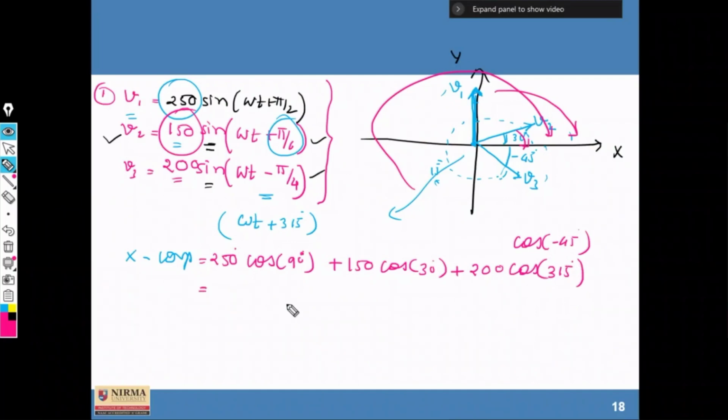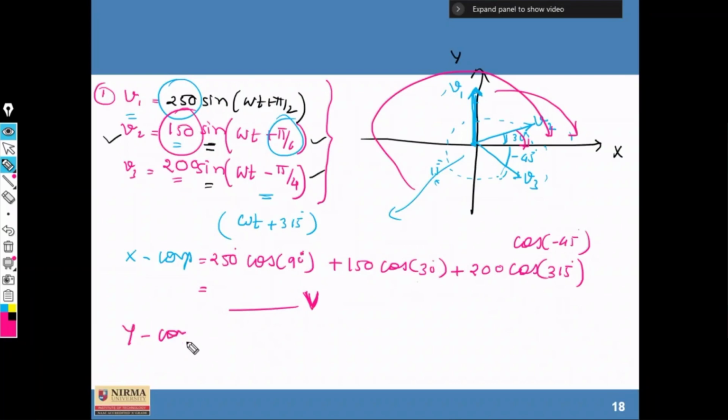And if you find the value here, that will be your vector V, which is represented with the voltage because it is a vector quantity. Find out and tell me what is the value of 250 into cos 90. First of all, find cos 90 multiplied by 250. Then add these three different terms and find the final value.